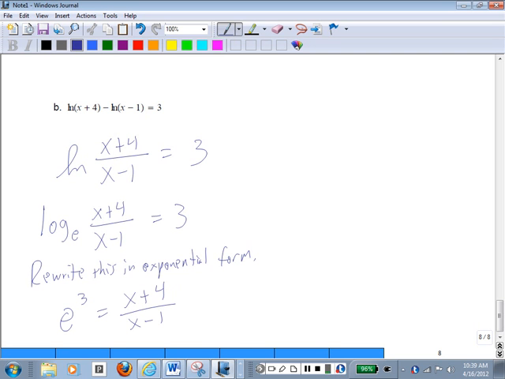So I would say just hang on to the e cubed. It may seem awkward, but it's actually less awkward than dealing with 19 point something or 20 point something, whatever it is. Let's multiply both sides by x minus 1.